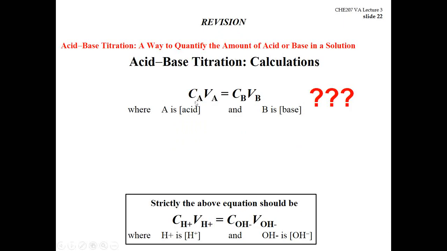Strictly, the equation CAVA equal to CBVB must be written as CH plus VH plus equal to COH minus VOH minus. This equation is only correct for H plus and OH minus, or for acid and base reaction with equimolar, 1 to 1 or 2 to 2, not for 1 to 2 or 2 to 1.